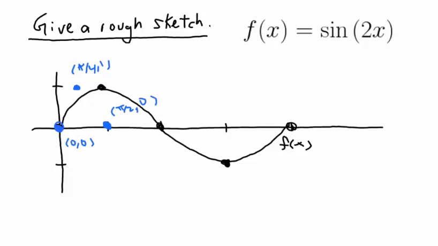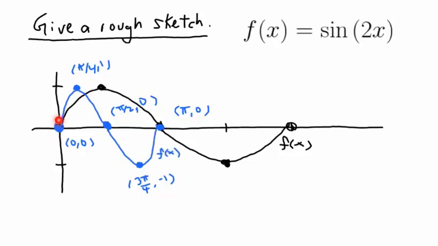And then we had (3pi/4, -1), which is down here. And then finally (pi, 0), which is this point here. And if we connect these with a nice, smooth, sine-like curve, we should get something like this.